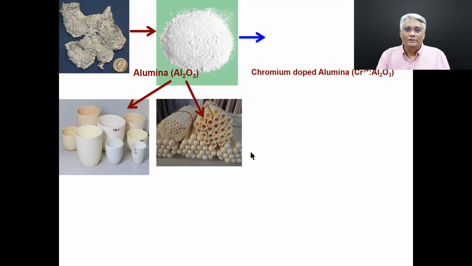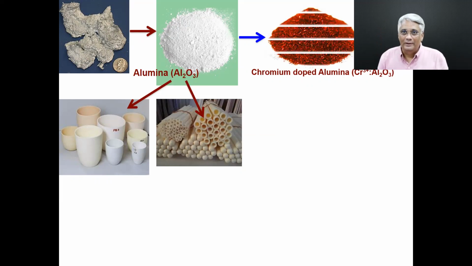Now, similar to what we have seen in the previous discussion, doping silicon with phosphorus, bringing in additional electrons, let's see what happens if a part of the aluminum is replaced by, say, chromium. This work was done more than 50 years back.